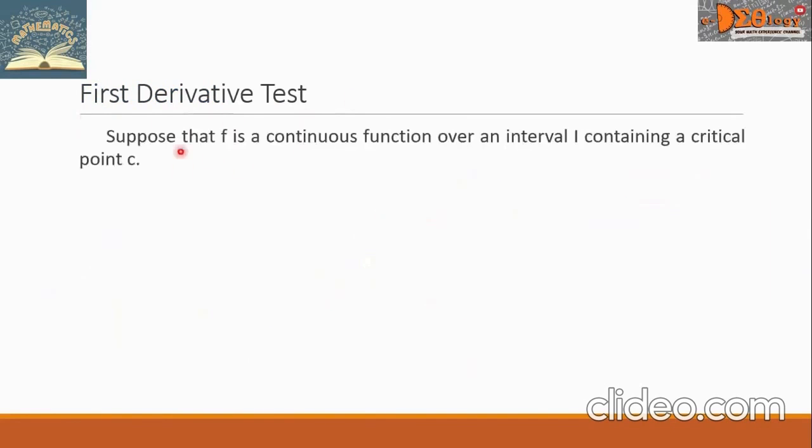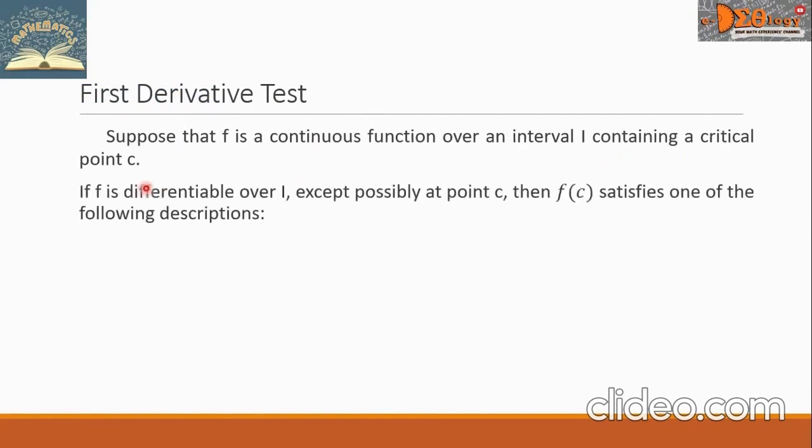Let us study now the first derivative tests. Suppose that f is a continuous function over an interval I containing a critical point C. If f is differentiable over I, except possibly at point C, then f of C satisfies one of the following descriptions.